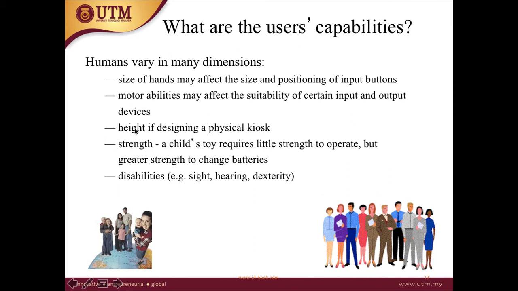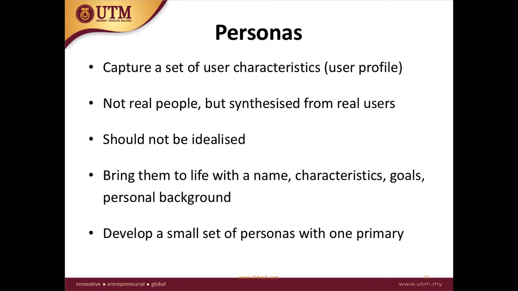But if you did not consider the height of human, then your kiosk will be in problem. And then the strength. When you design for children, you have to make sure how strong the product is. The last one is disability. You have to consider which group you are going to focus on for disability.